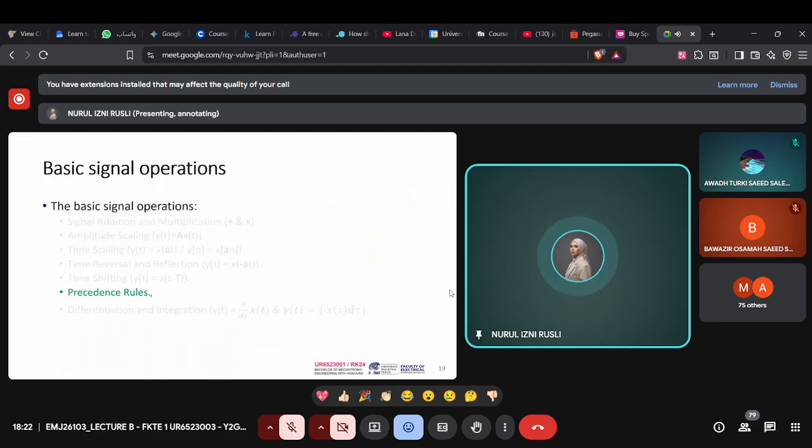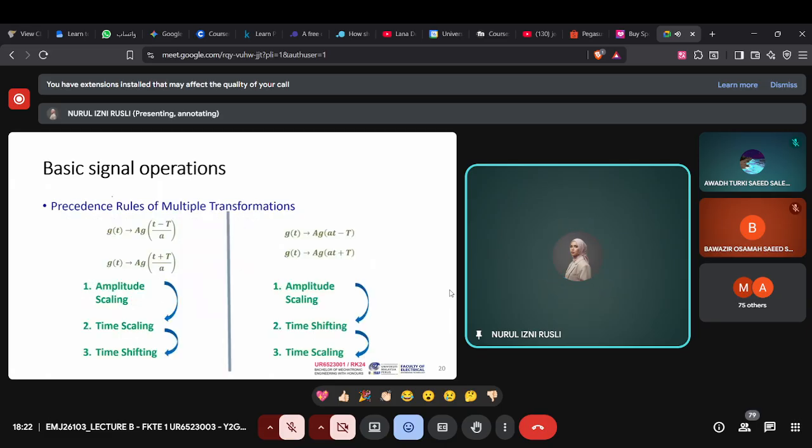And we have as well here precedence rules. There are two rules basically if you have multiple transformations. In this case, you have A g((t - T)/A). So you have amplitude scaling. You have as well time scaling, which you could see here as t over A. And then you have time shifting, because you have the minus or plus.